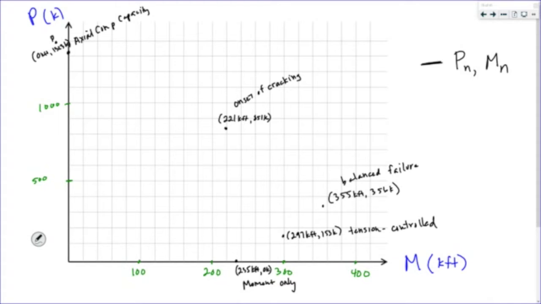And then we get to draw a straight line between all of these little points. Let's see if I can do that.